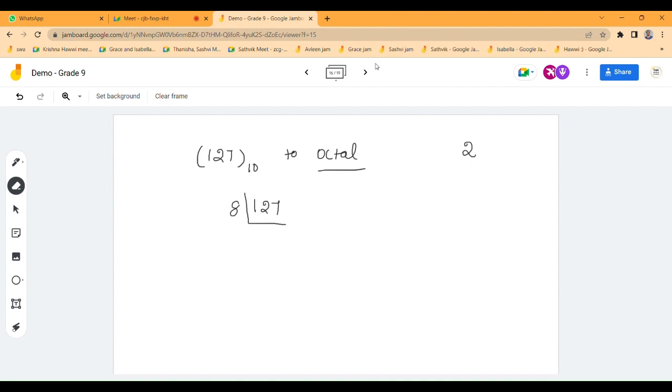Ma'am, should I directly divide it or use the method in binary? Directly you can divide. 127, you have to divide directly by 8. Remainder.